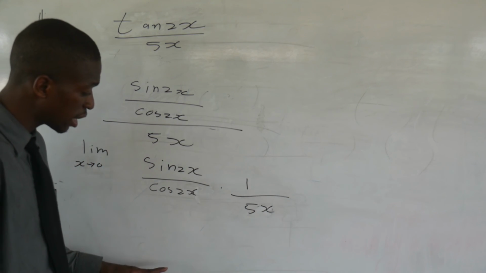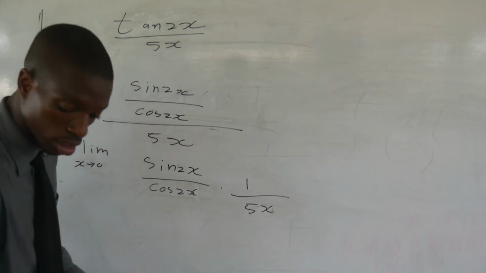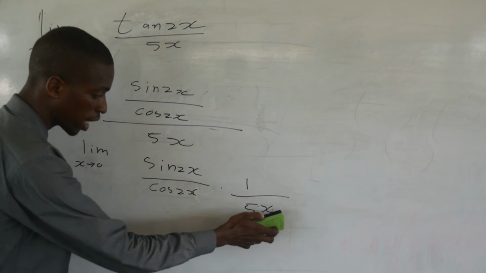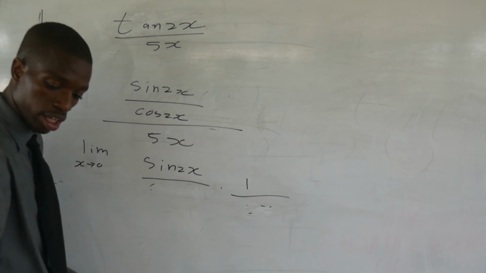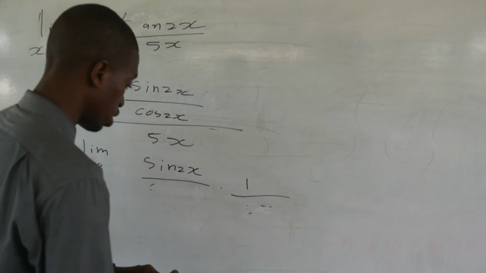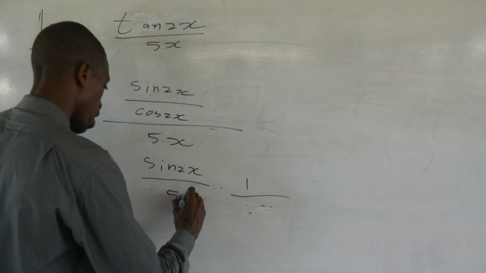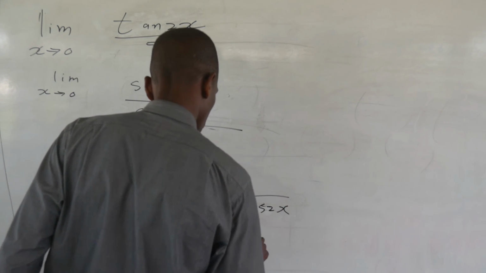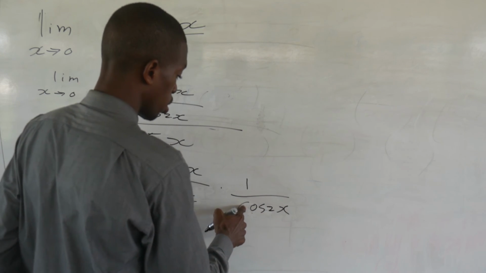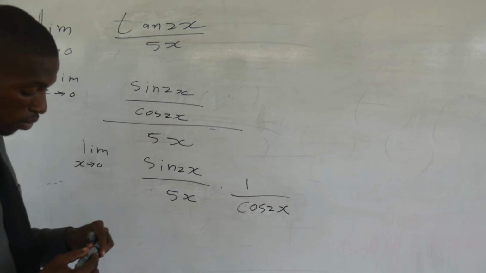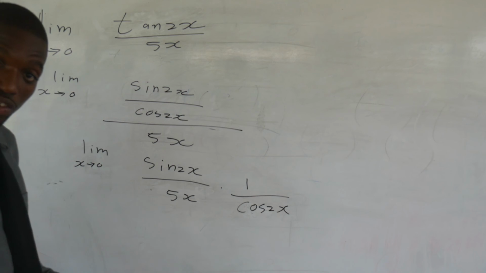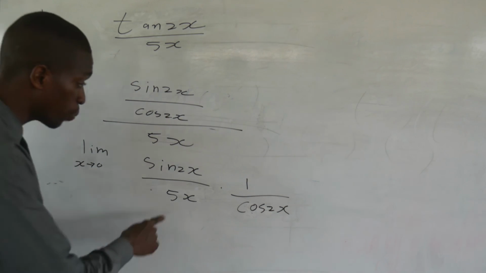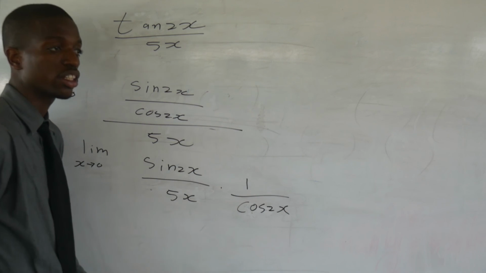So in the next line, I would rewrite this as, instead of cos 2x times 5x at the bottom, 5x times cos 2x. It is the same thing, just in this form you can actually see the sine x over x more in front of your face, right? Except we have 2x here and 5x there.